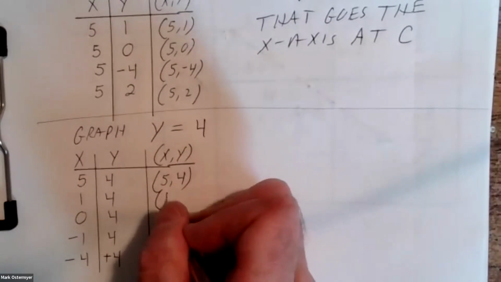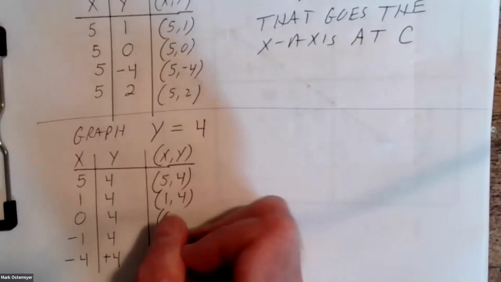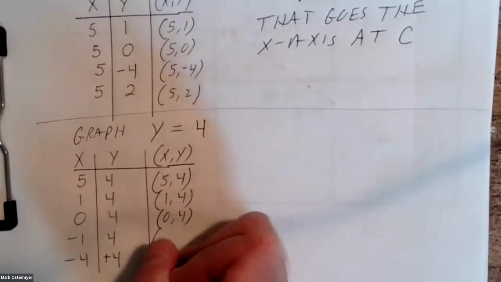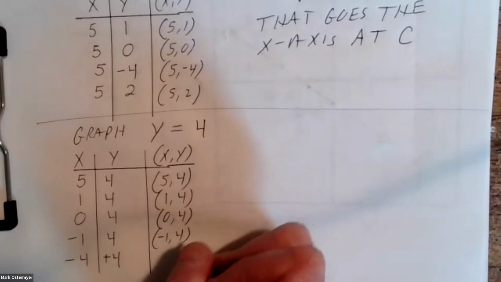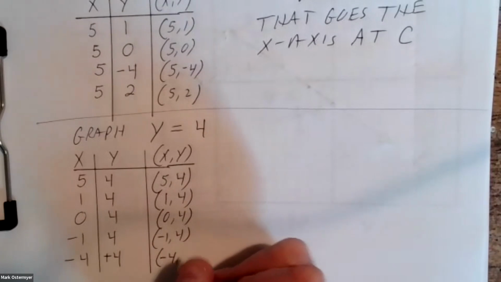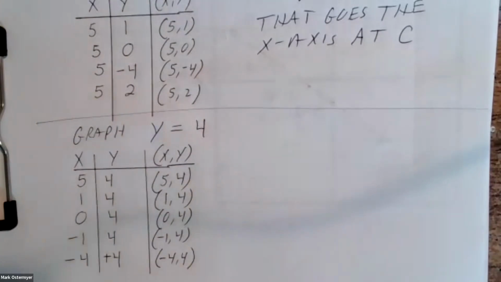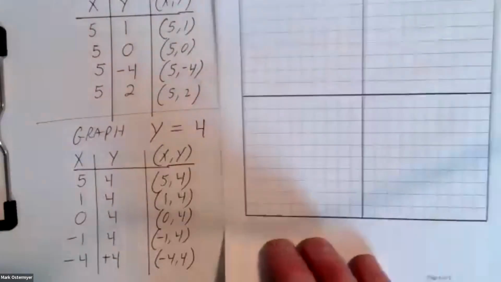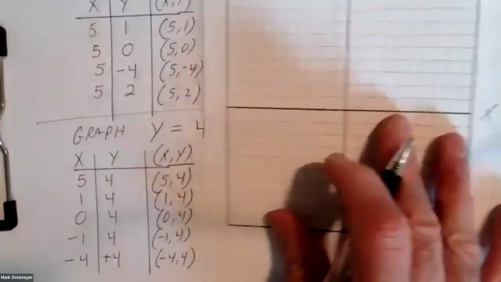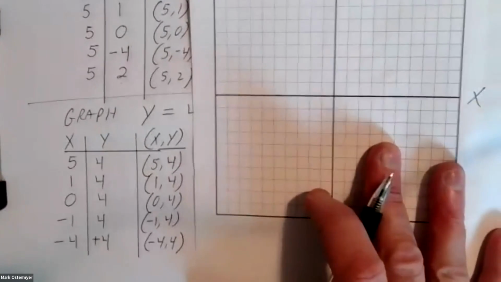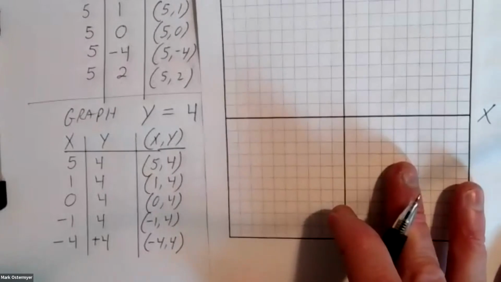So we have a whole bunch of ordered pair solutions now which we can take to the XY plane and plot. All right, so now I can plot these in the XY plane. And I'm curious to see what kind of graph Y equals 4 is going to be.